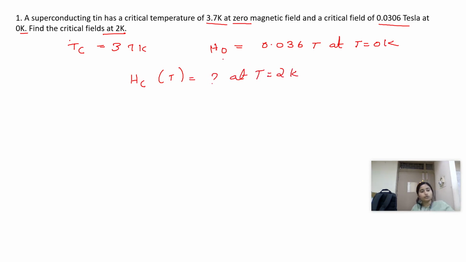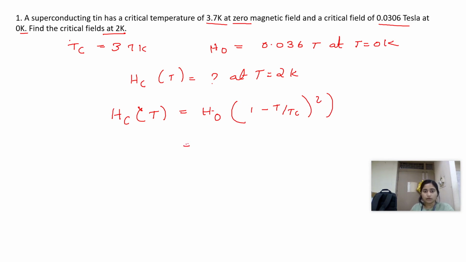Which formula do you have to use? Write the formula: Hc of T is equal to H0 times 1 minus T divided by Tc, whole square.